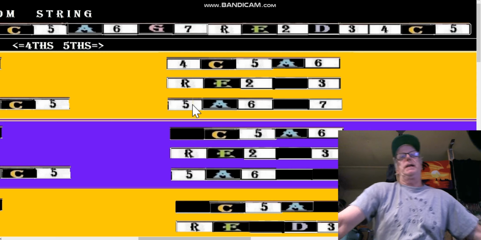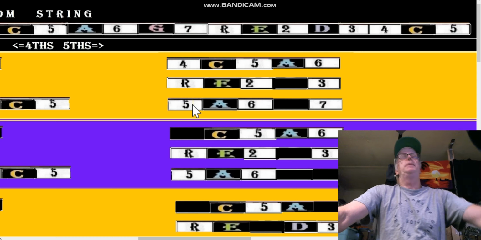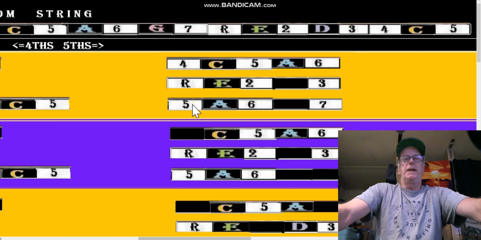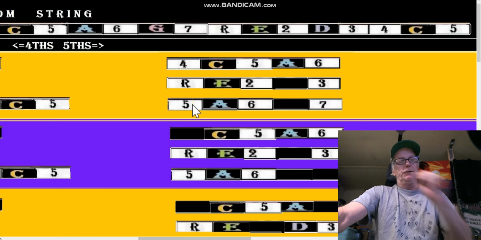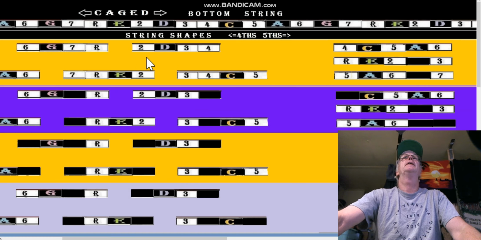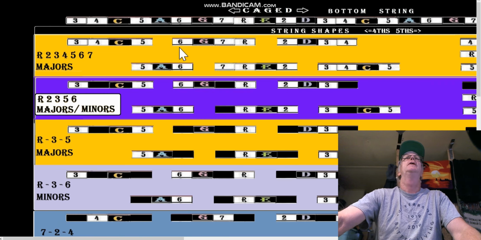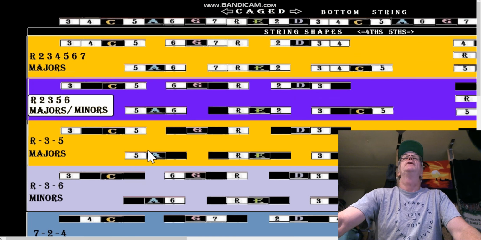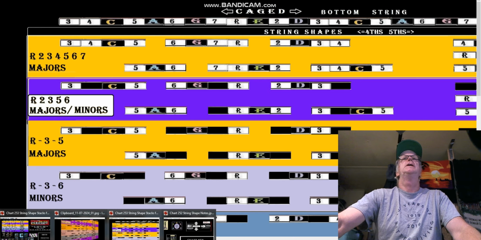So let's not get tangled up in some modal theory yet, because we have to learn what we have to learn, and that is over here. I'll show you what I'm talking about. We just have majors, minors, and half diminished. We're not talking about the modes yet, because from the other chart I can show you.